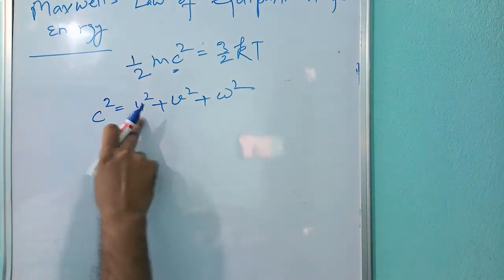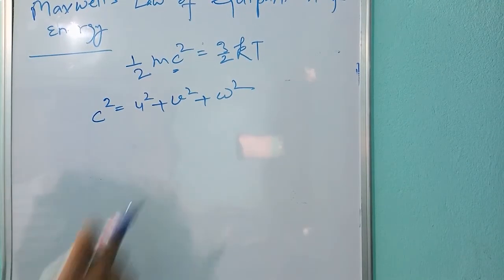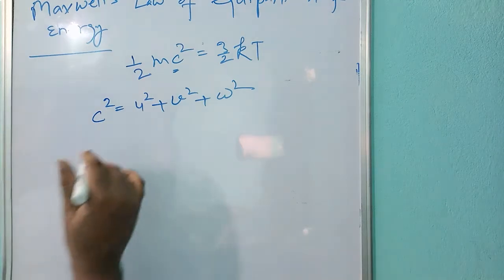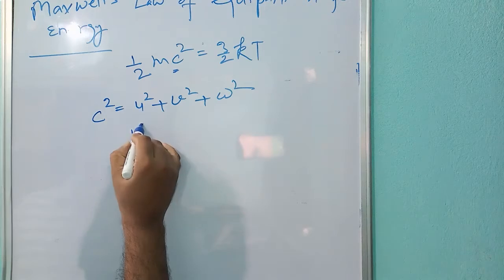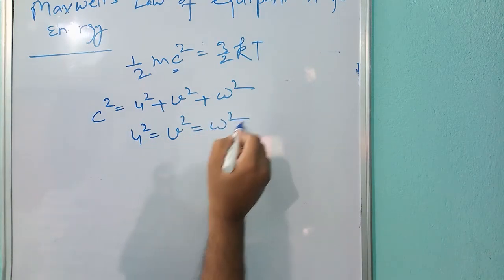Here I am assuming u is the velocity along the x axis, v is the velocity along the y axis and w is the velocity along the z axis. So here I am saying x, y and z, all three axes are equivalent. So the mean square velocity along the 3 axes will be equal, that is u square will be equal to v square will be equal to w square.